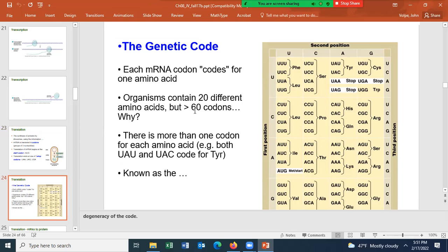What does the cell do with all the extra codons? Well, what happens is there's more than 1 codon that codes for most of the amino acids. For example, UUU codes for the amino acid phenylalanine, but UUC also codes for that same amino acid.